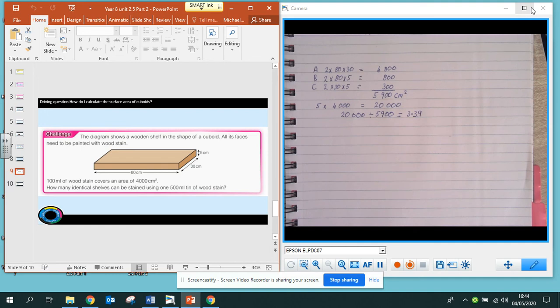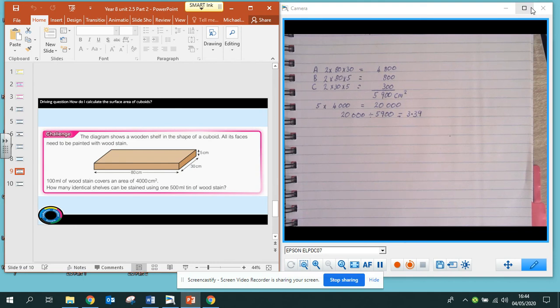Now, in some ways, this question gets back to what we were doing with the icing question. In this case, is 0.39 of a shelf a whole shelf? No. So I haven't got enough to do the fourth shelf with that half litre.